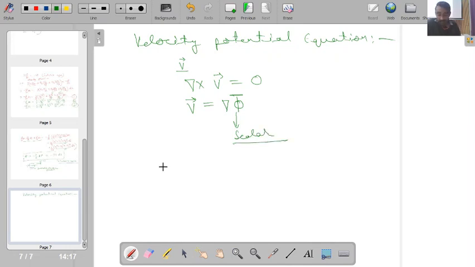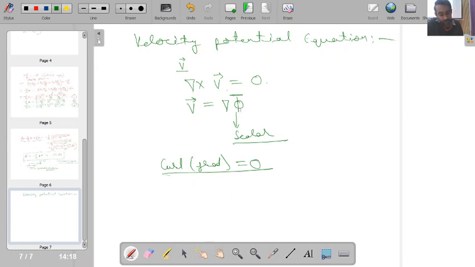Why? Because we know from vector calculus the property that the curl of a gradient is equal to 0. That property applies when the gradient acts on a scalar parameter. So if I have any vector quantity whose curl is equal to 0, that vector quantity can be represented in terms of the gradient of a scalar quantity.